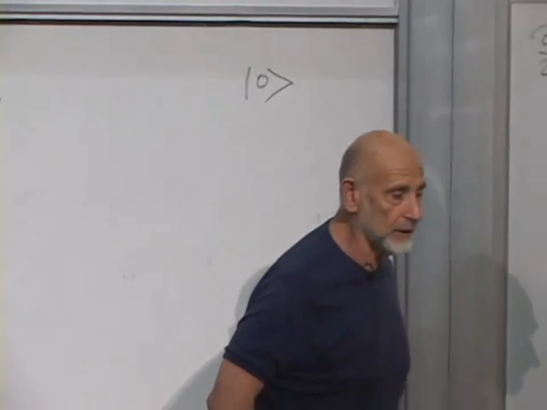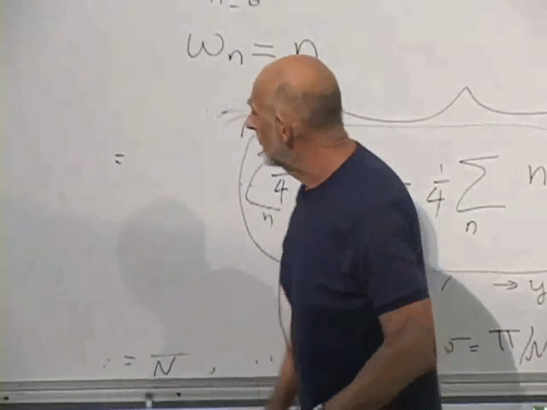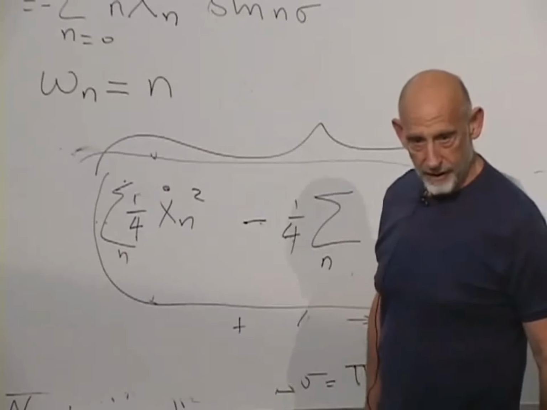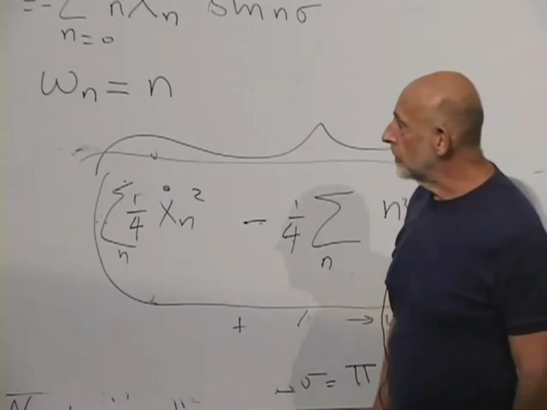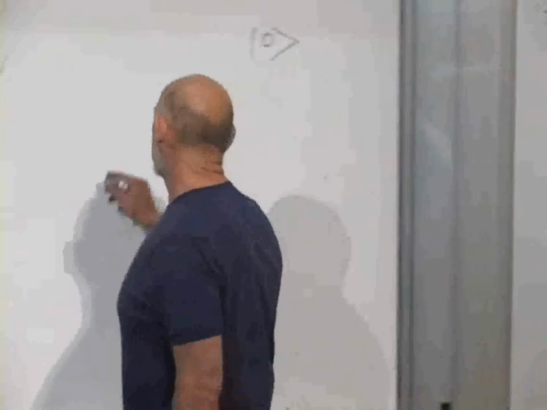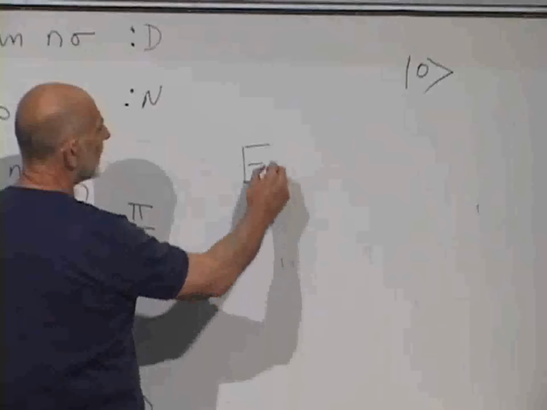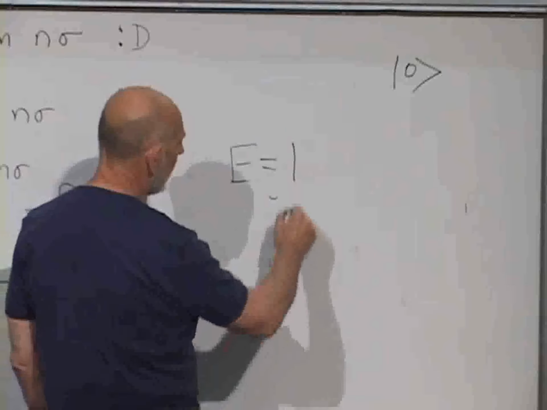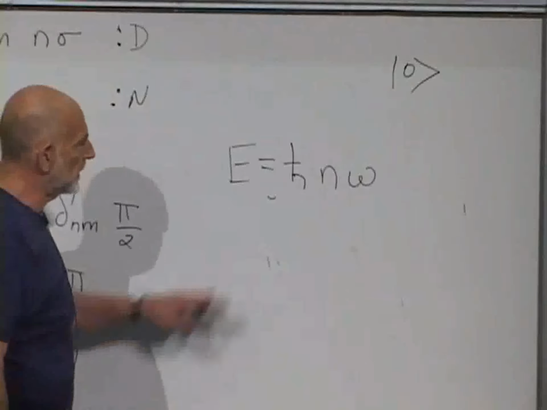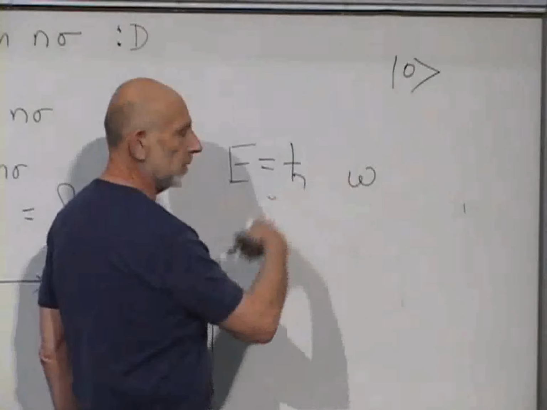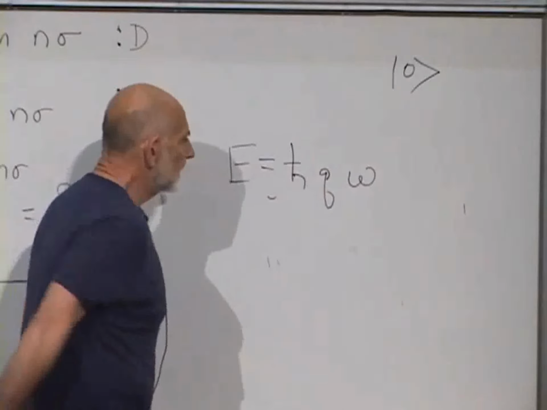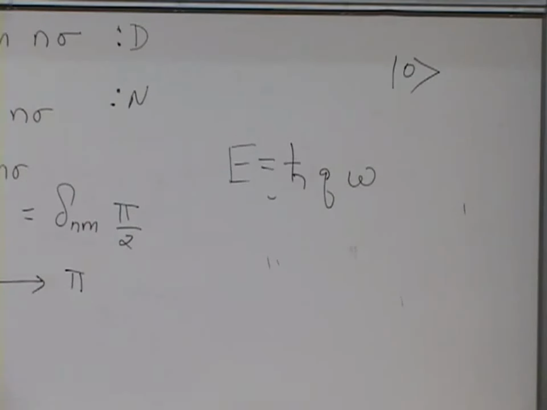All right, what's the first excited state? The first excited state you can create by creating 1 unit of x energy. How much does that correspond to? It corresponds to the frequency. Remember the energy levels, I should write down a formula. The energy of a harmonic oscillator is equal to q h-bar omega, where q is the number of quanta, an integer. It's a different integer than these integers.